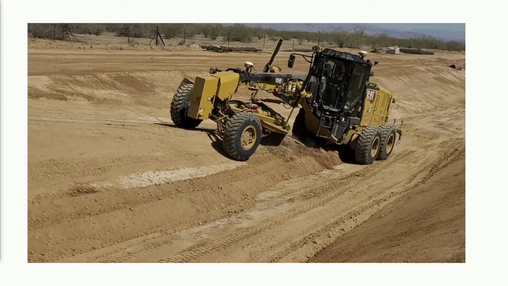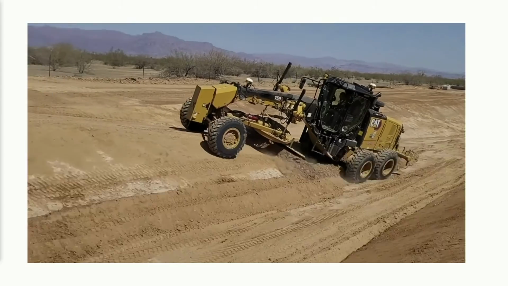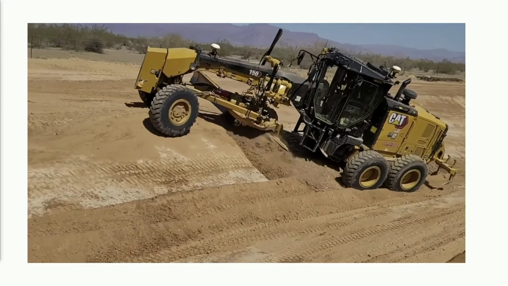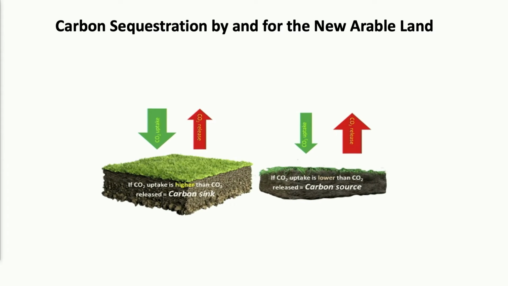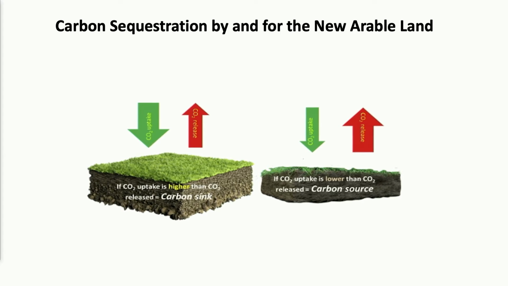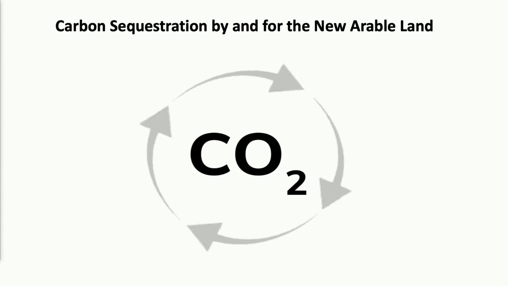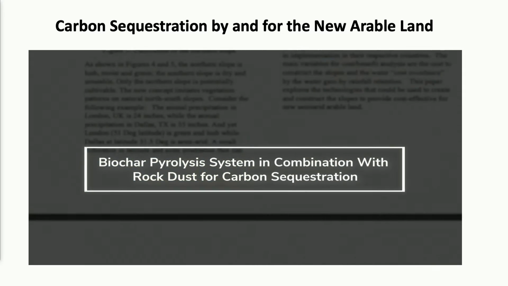The creation of the slope is very fast, as you can see, by motor grader, and very inexpensive. Such equipment is available practically everywhere. There is an interesting possibility that the new arable land needs carbon, and the semi-arid land can absorb carbon, and we have a technology to do this.